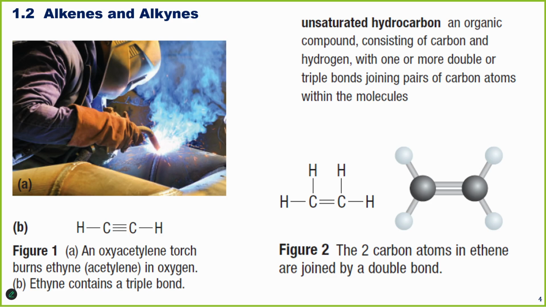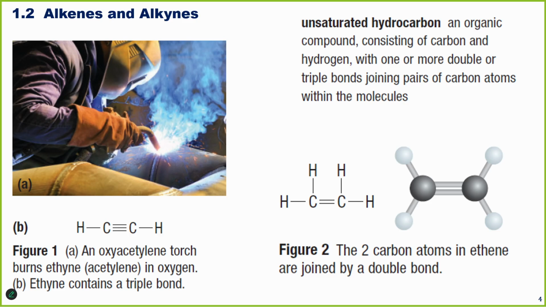This molecule contains a triple bond between its two carbon atoms, which is shown here in figure 1. Ethylene, another unsaturated hydrocarbon, is used in agriculture to help ripen fruit more quickly. Ethylene contains a carbon-carbon double bond, which is shown here in figure 2.